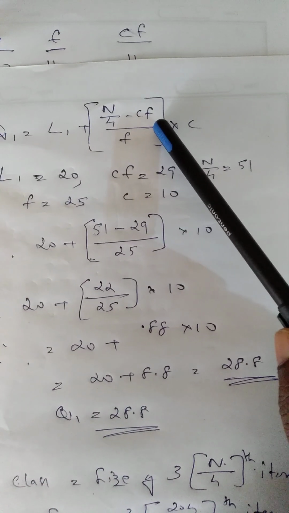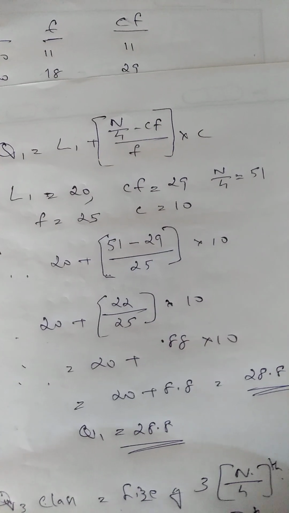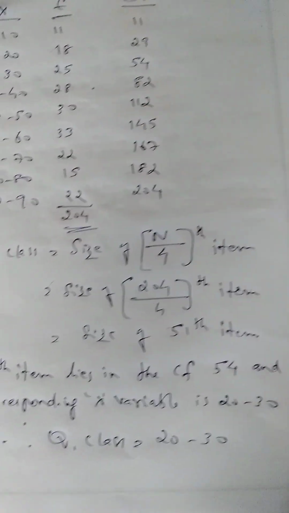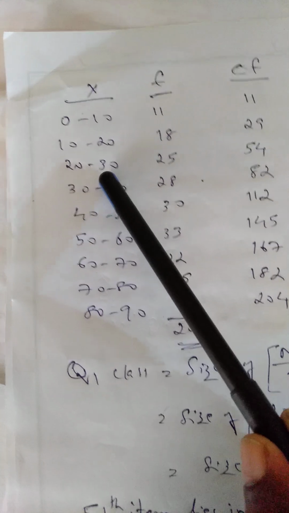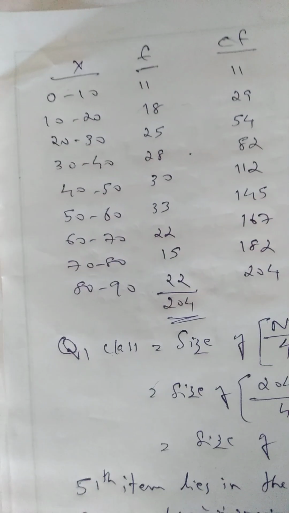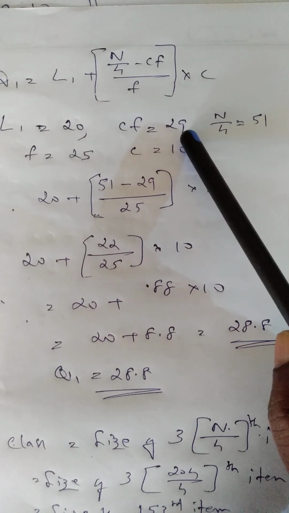So what is the value of Cf? We know that Cf is the cumulative frequency just above the Q1 class. So which is the Q1 class here? 20-30. Take 20-30, and the cumulative frequency just above this is 29. So the Cf value is 29.